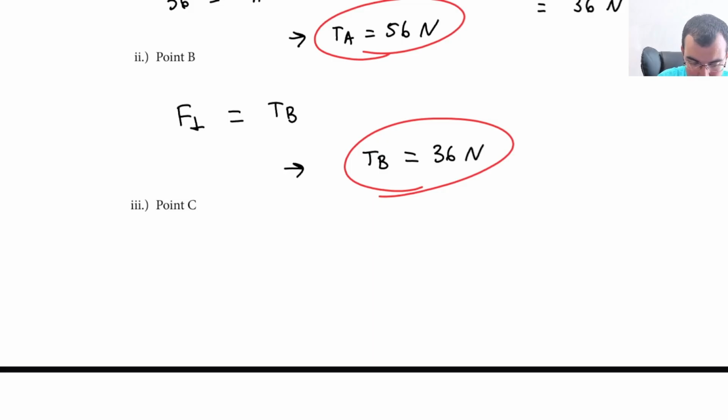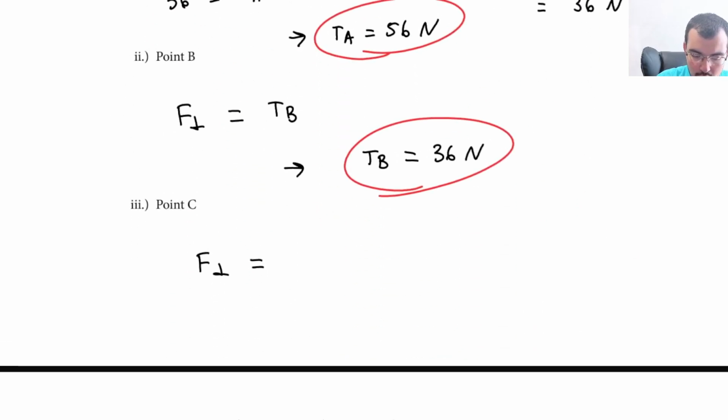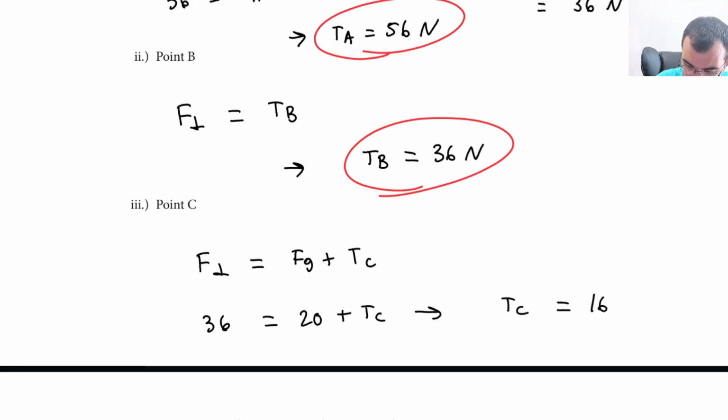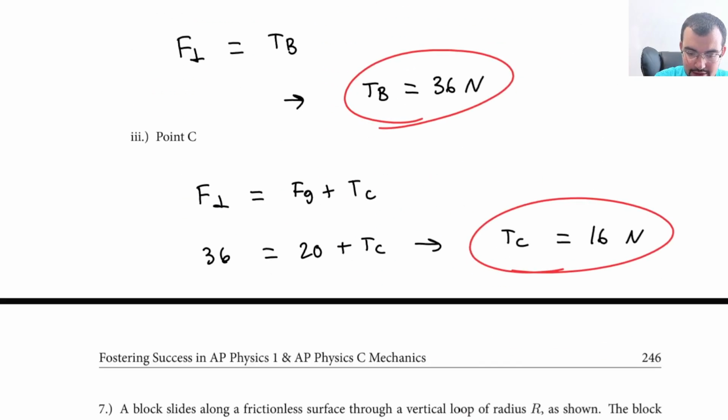And then at point C, the perpendicular net force is given by the sum of the weight and the tension force. So 36 is equal to mg plus tension, so TC is equal to 16 newtons. So we do see that the tension is the largest at A and the lowest at C, as our ranking indicated.